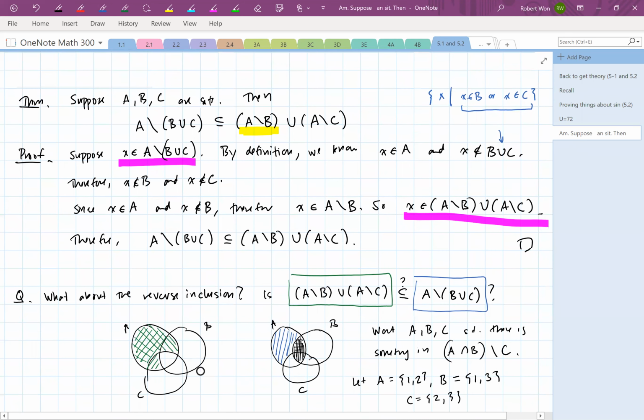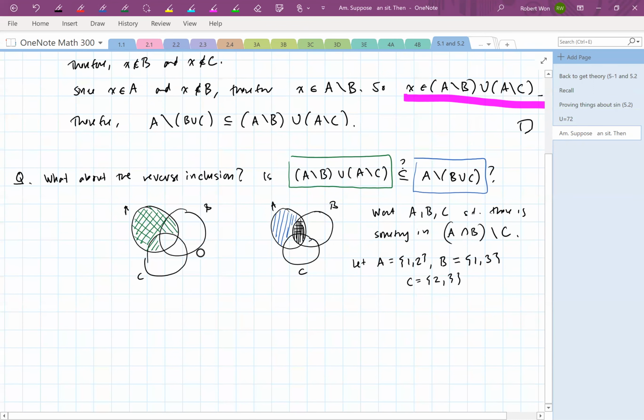Am I too low on this page? Maybe not yet. Okay, then A minus B here is just the set 2. A minus C is just the set 1. So the green thing is the union of these two things, which is the set 1, 2.